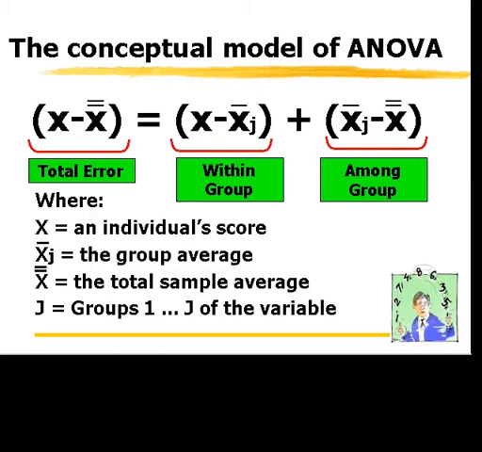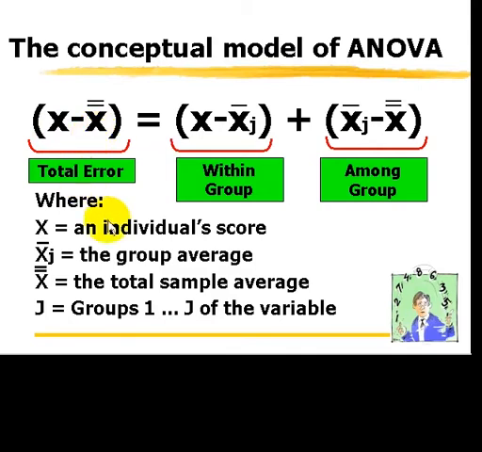All right, so let's take a look first of all at the total error. The total error then is the difference between each individual score, designated here by X, minus the total sample average. So this is the average of all of the individuals in the study. So if you look at this, the difference between an individual's and the total, this is the total error.